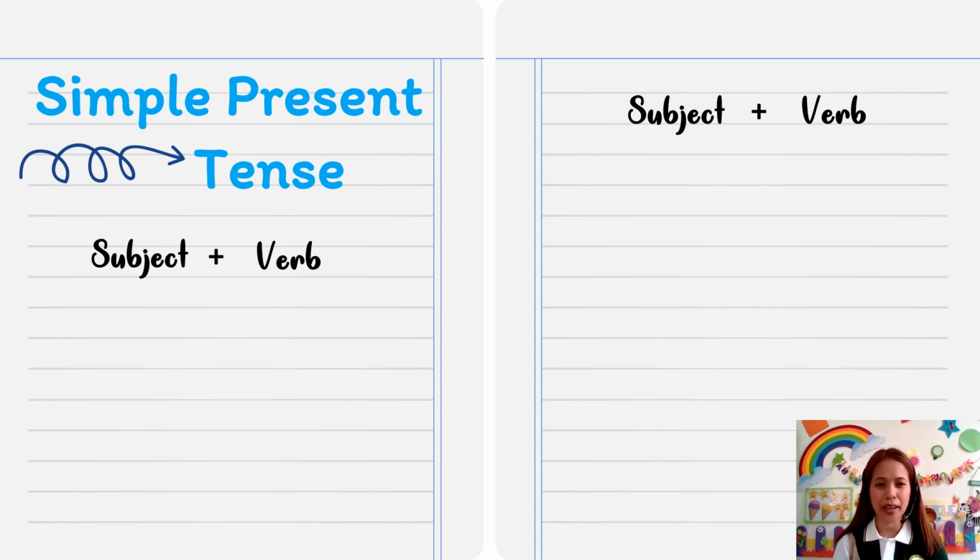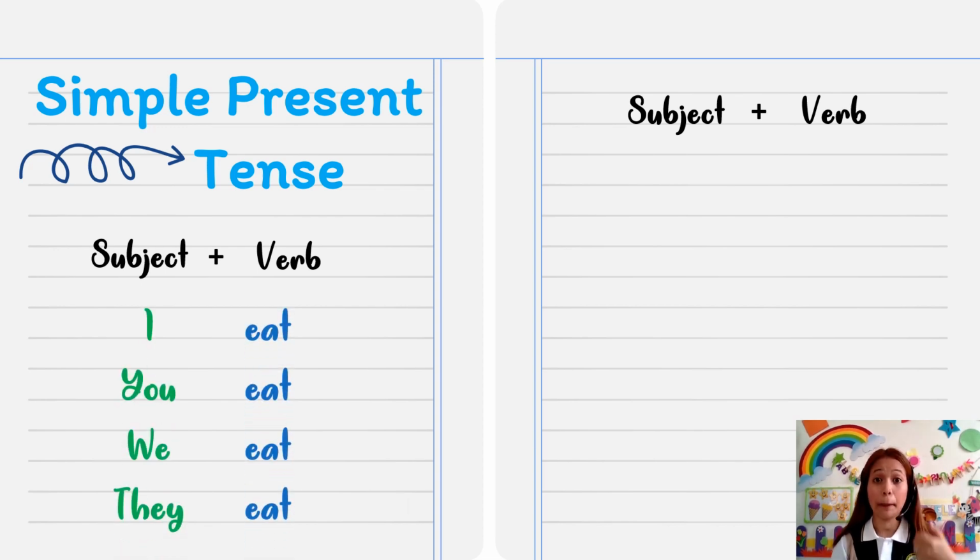Okay, so grade 6, remember that when we use simple present, we have to be very careful in checking our subject and our verb. Okay? So, the form is subject plus a verb. We have what we call plural subjects and what we call singular subjects.